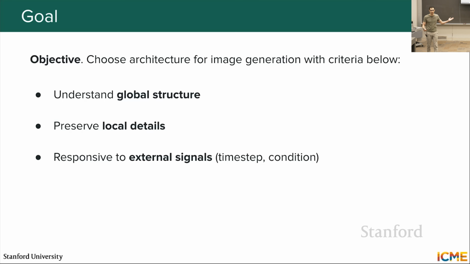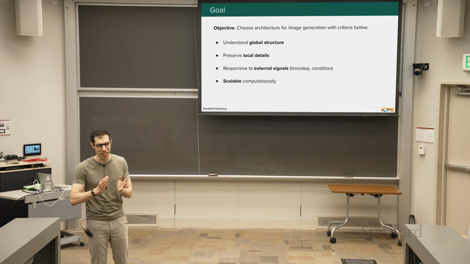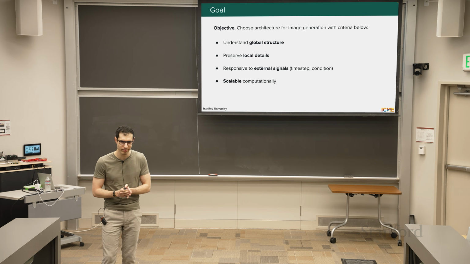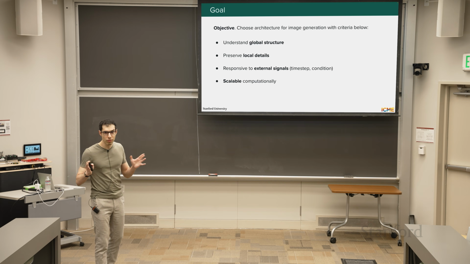Here it can be input text or input image. And we want that model to be scalable, because nowadays we're generating images of very high resolution. And we're also generating videos, which we have not seen so far, but you can think of this as being applicable there too. So these are our wish lists.